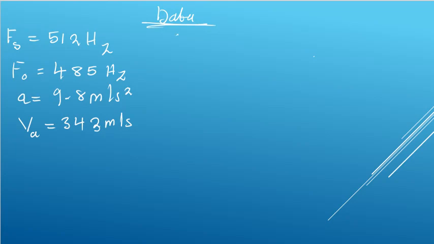So the frequency of the observer over the velocity of sound in air plus the velocity of the observer is equal to the frequency of the source over the velocity of sound in air minus the velocity of the source. Now remember that it's falling away. So if it's falling away, the formula changes. It shifts to this.